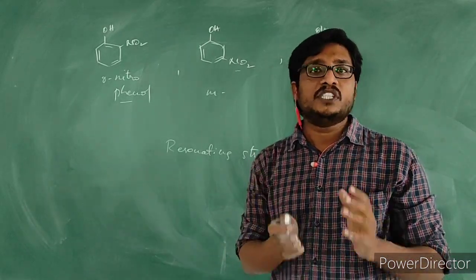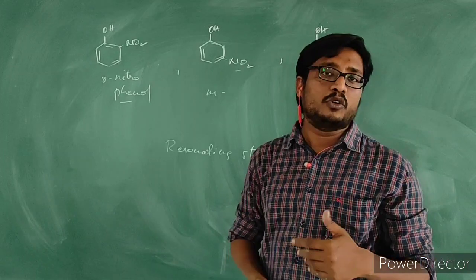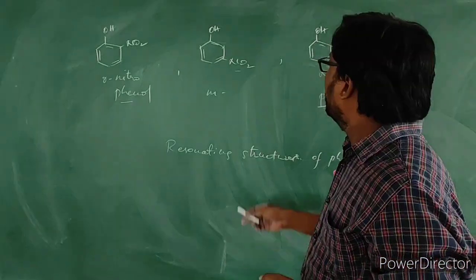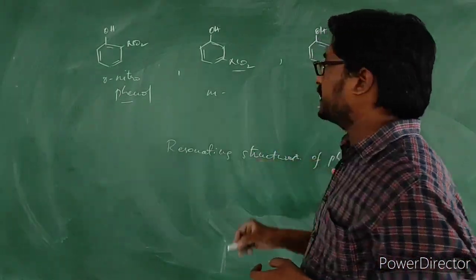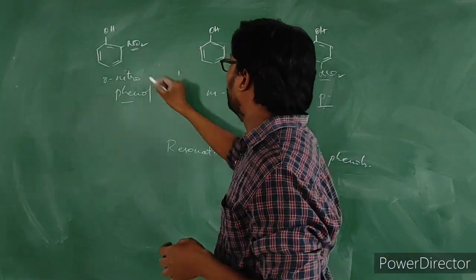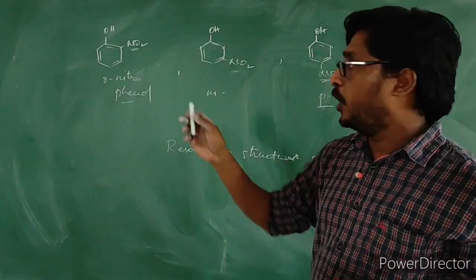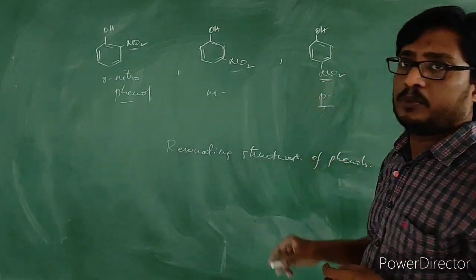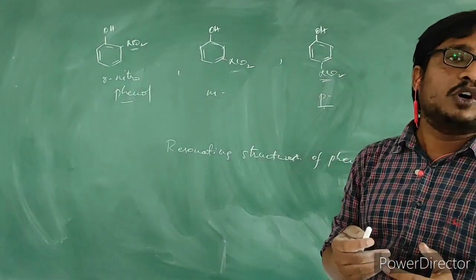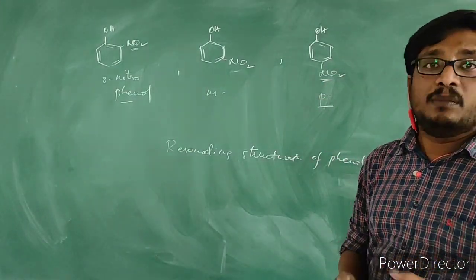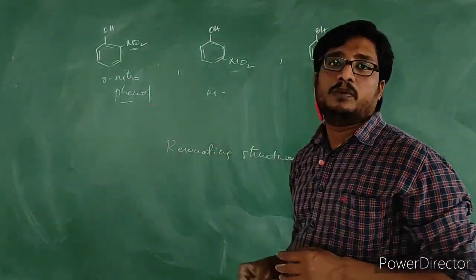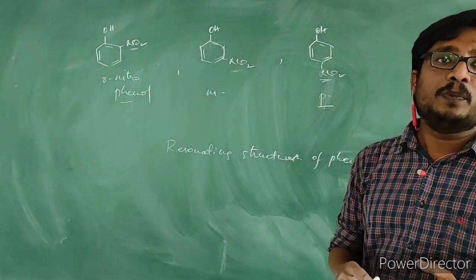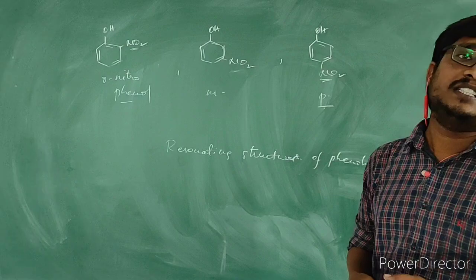If negative charge is getting delocalized at ortho and para positions, and if an electron withdrawing group is present at such positions, that negative charge which got developed can be stabilized by this NO2 group. The NO2 group will stabilize that negative charge.